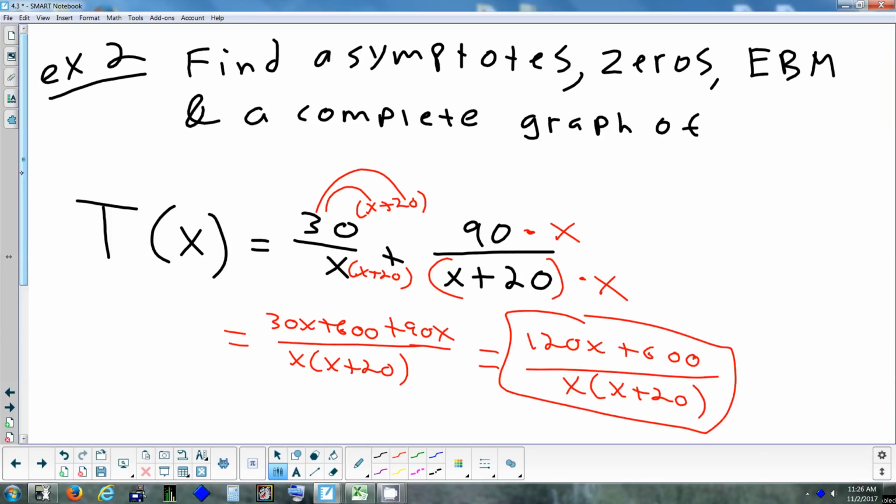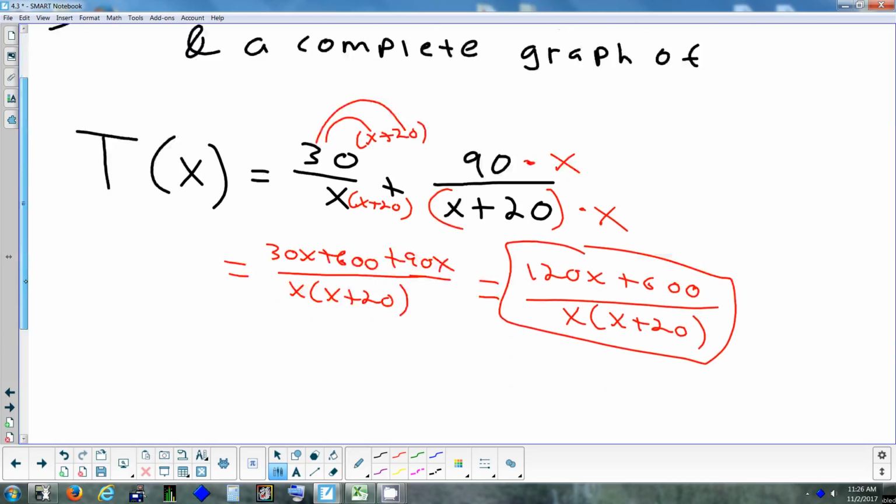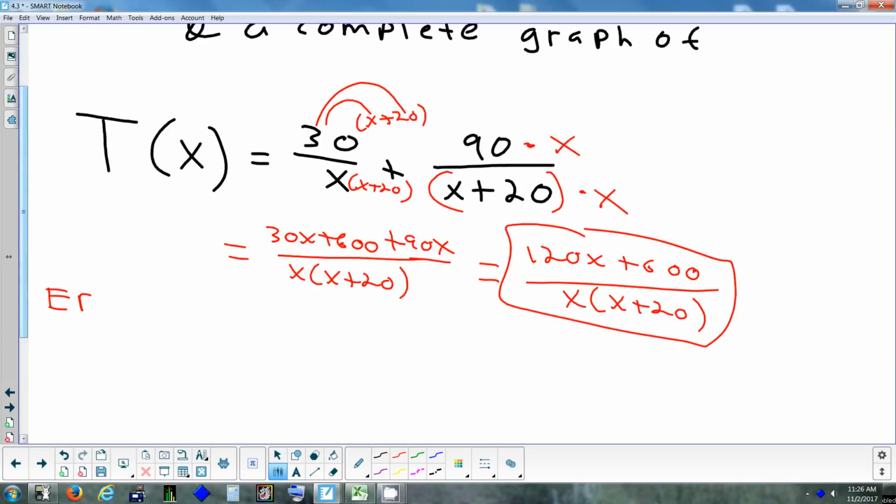All right, so now let's find the asymptotes. Let's do the EBM first, because if I find the EBM, that'll lead me to finding the horizontal asymptote. So EBM, take the highest degree term in the top, divided by the highest degree term in the bottom. What's the highest degree term in the top?